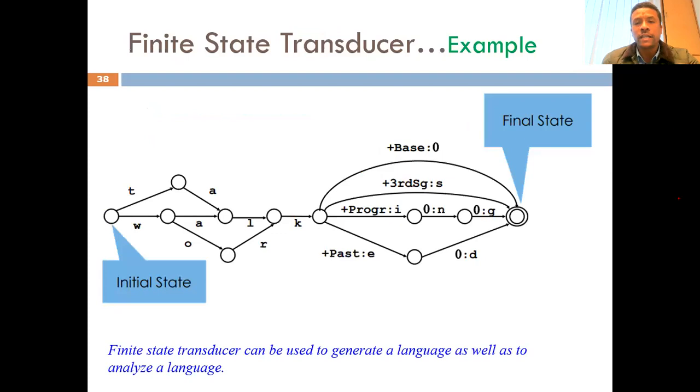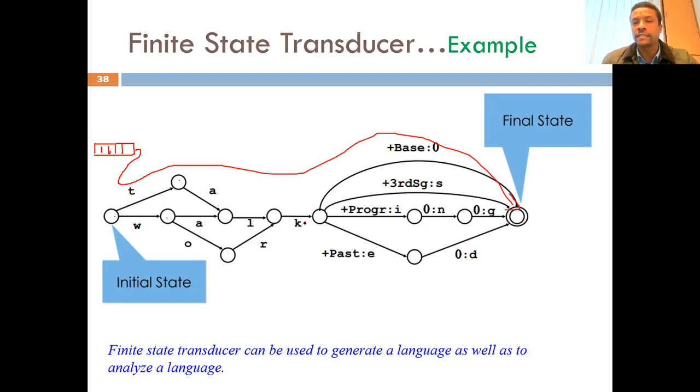Now, this is a very simple example of a finite state model. Have a look at this finite state model. As you can see, it has states. The circles are the states and the arcs are the transitions. Whenever you have such a finite state model, you are going to have an input string, and this input string is going to go through the model, and we try to arrive at the final state.